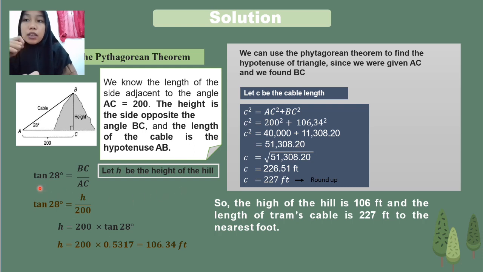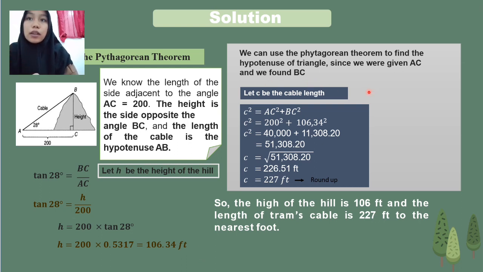So tan 28 degrees equals BC over AC. Because BC is H and AC is 200, we have H equals 200 times tan 28 degrees. So H is 106.34 feet.